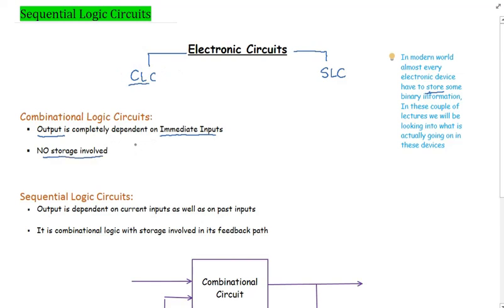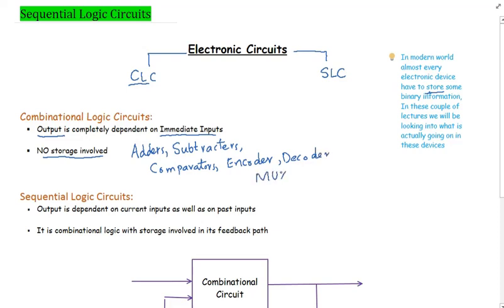Examples are adders, subtractors, comparators, encoder and decoder, multiplexer and demultiplexer, also called mux and demux.